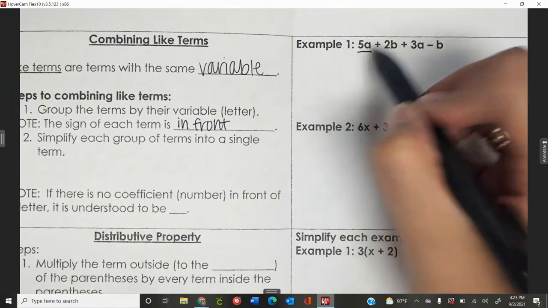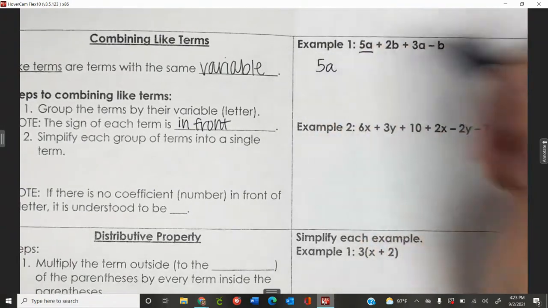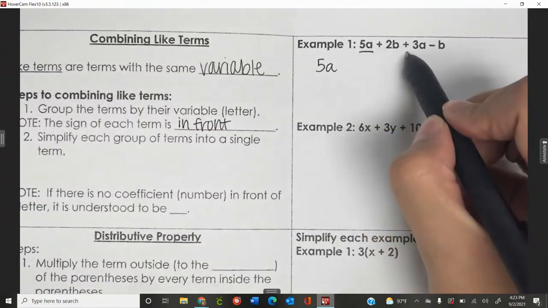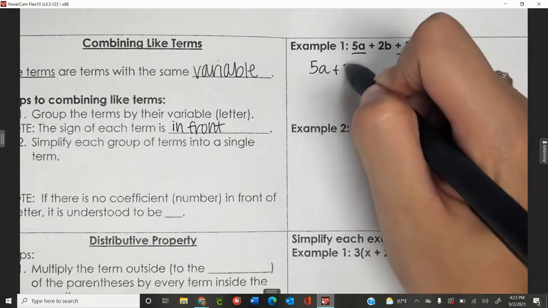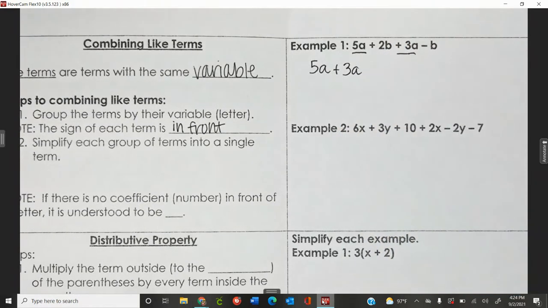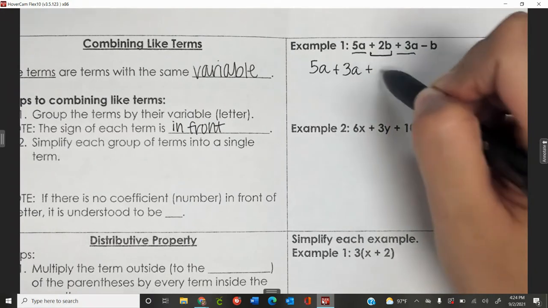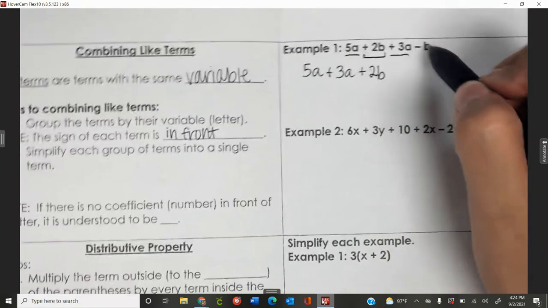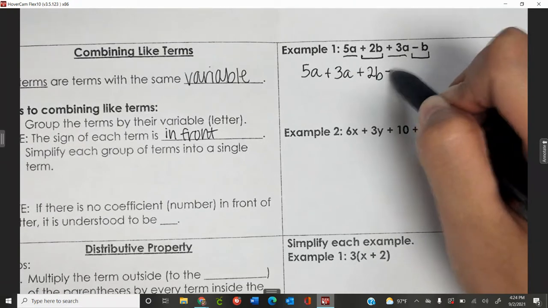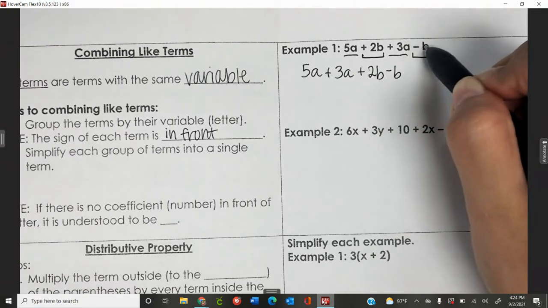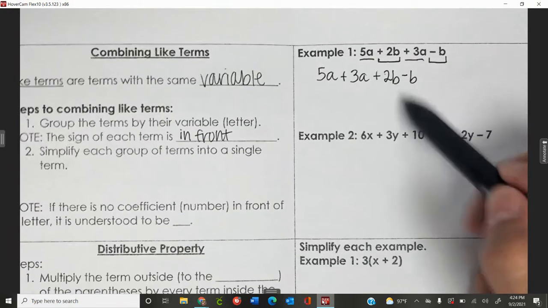So here I have 5A, and then I also have plus 3A. These look the same, so I'm going to group them. Plus, I'm going to take the plus sign, 2B. And then I'm subtracting B. Notice how I kept the sign that was in front of B and took it down here as well.